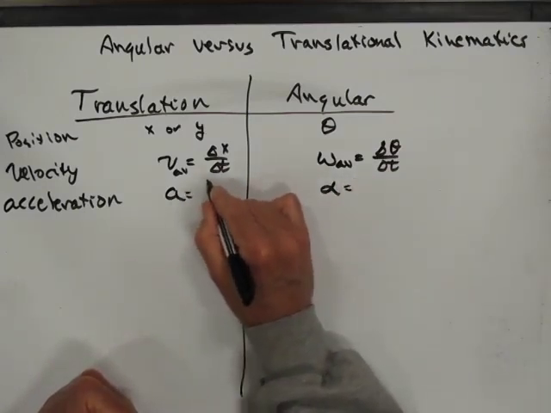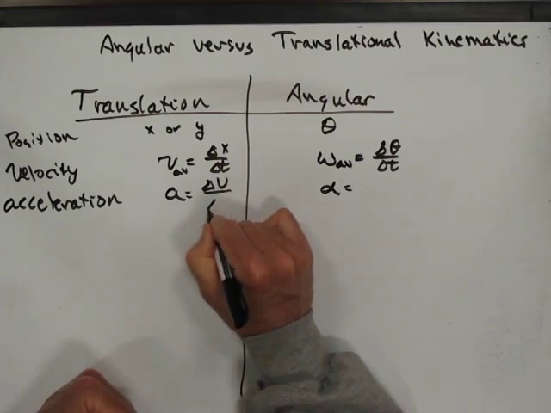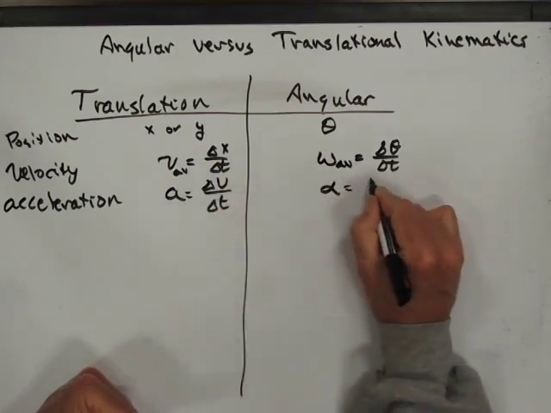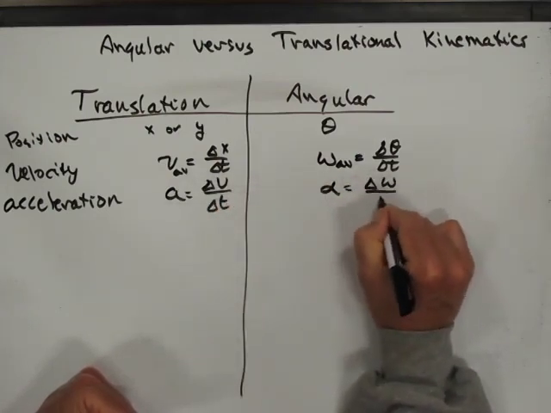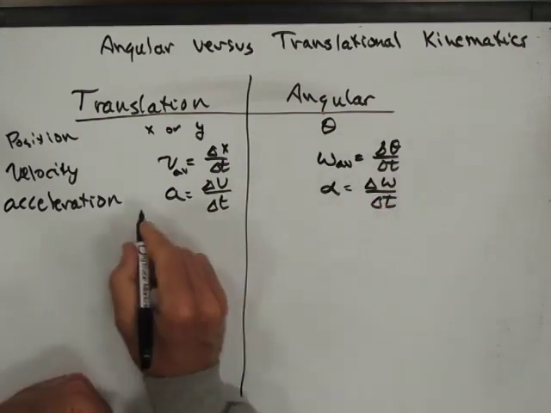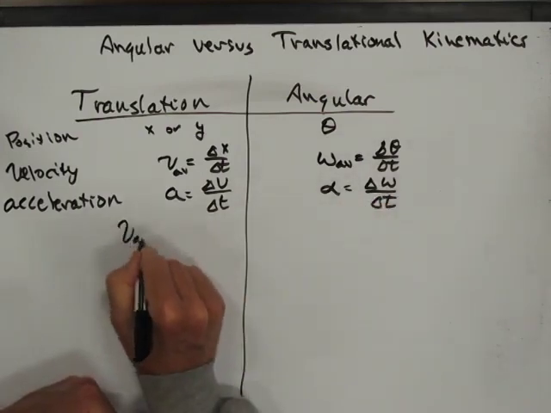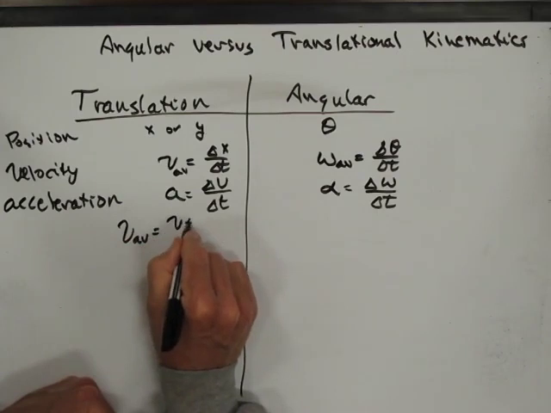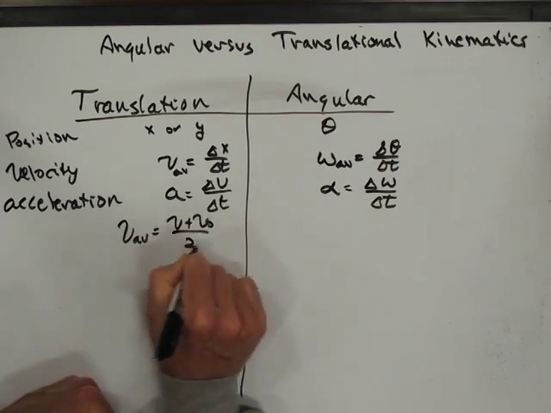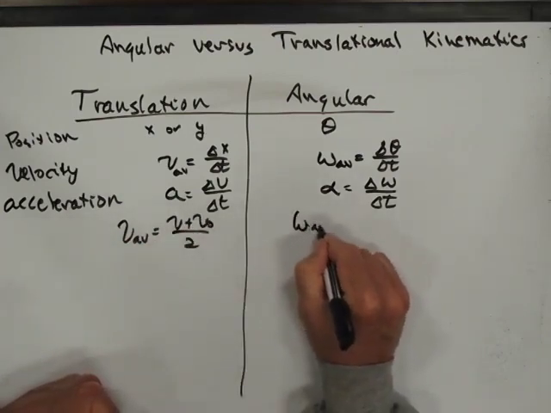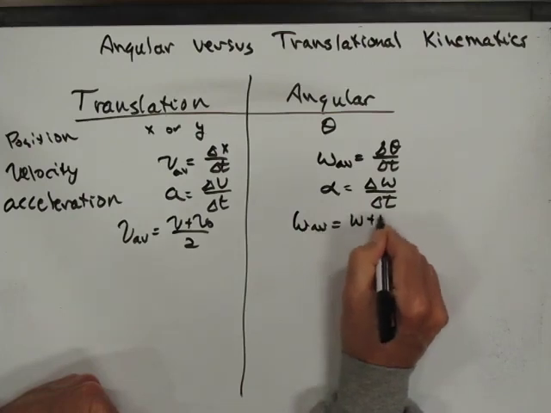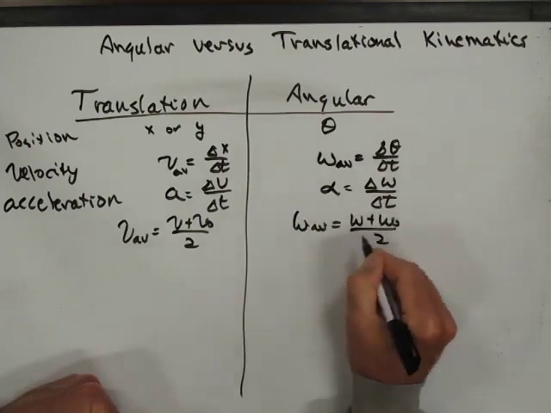Acceleration was change in velocity over change in time. This one is change in angular velocity over the change in time. And finally we said, v average is equal to v plus v naught divided by 2. Here omega average is equal to omega plus omega naught divided by 2.